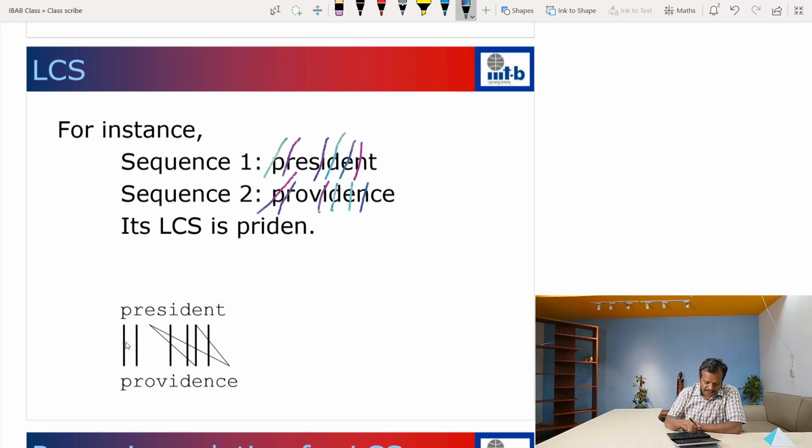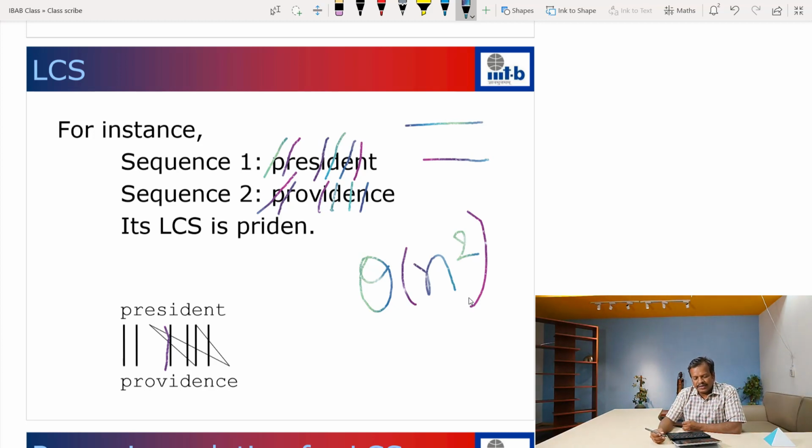What we have seen here is we have picked P, R, and then I, which is here, and then D, E, and N. So given two strings of length, let's say n and m, the longest common subsequence problem is to pick a subsequence which is a subsequence of both the strings, and among all such subsequences we want to find one which is of maximum length. Using dynamic programming, in this class we will see an example which will compute the longest common subsequence in theta of n square time.